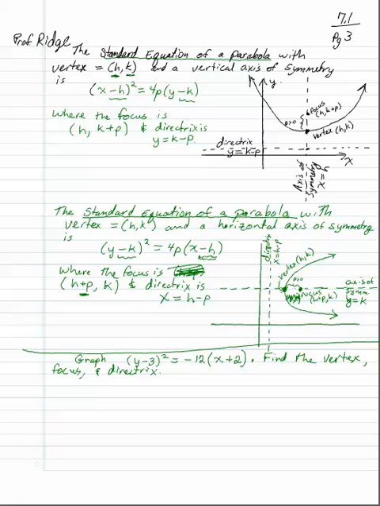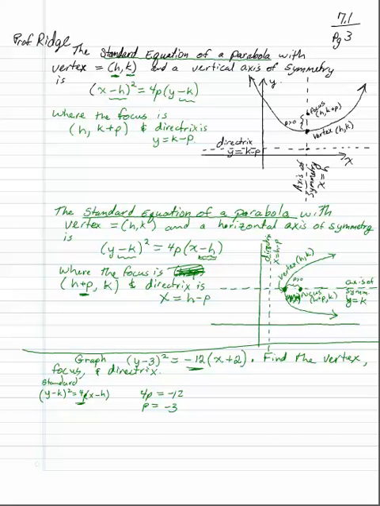In the standard form, (y minus k) squared equals 4p(x minus h), negative 12 must be the 4p. So p must be negative 3, so it's going to open to the left, because p is negative.